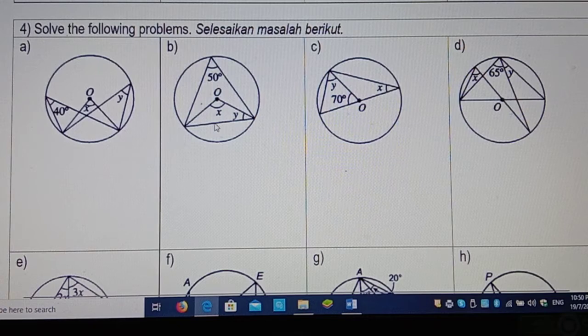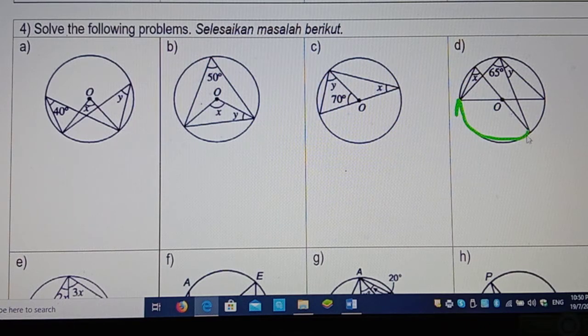Problem solving also, you can use all the properties that we discussed before. Let's say we try D here. Look at this arc. We have two angles subtended from the same arc, x and 65. So x equals 65.